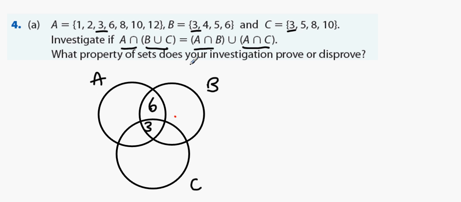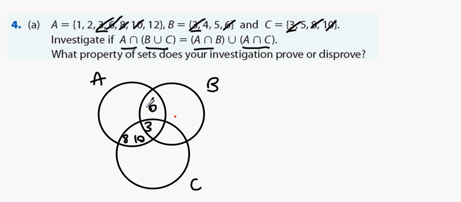A intersection C, so 6 and 3 are off our list currently. Next one is going to be A intersection C, so we have 8 and 10 for A intersection C. 8 and 10 are going to go in here.